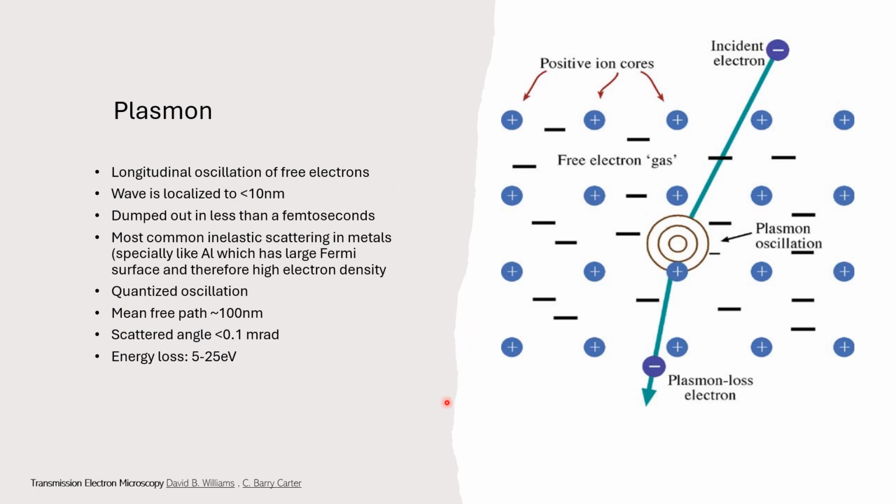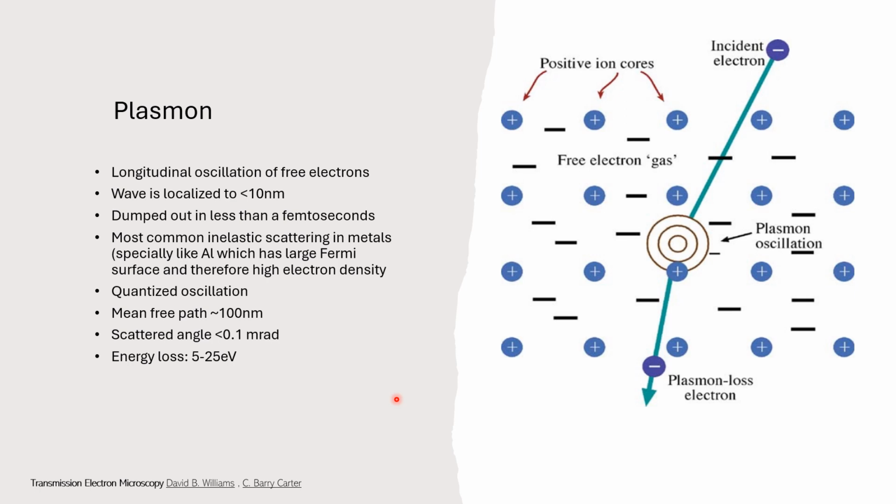Plasmon is one of the most common inelastic scattering in metals or in a material, and it's a very strong feature of EEL spectra, which I'll discuss on my later slides also. It can occur in any material with weakly bound or free electrons, but they occur predominantly in metals, particularly metals like aluminium, which have a large Fermi surface and therefore a high free electron density.